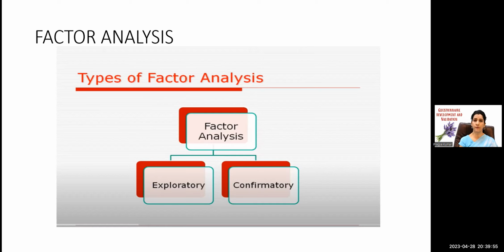I don't know whether you have gone through that paper or not, but please go through that article and you will come to know how exploratory factor analysis helps in understanding the underlying latent construct. The second type is confirmatory, and we'll see that in part 2 of today's session. So I'm not touching confirmatory factor analysis now, only telling you about exploratory factor analysis.